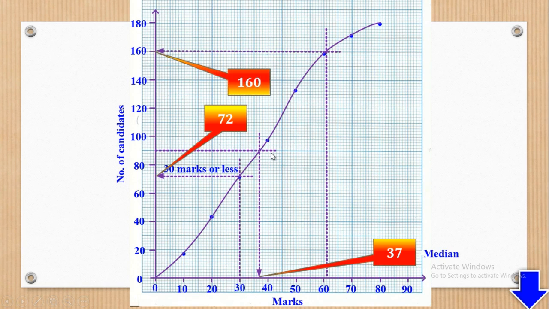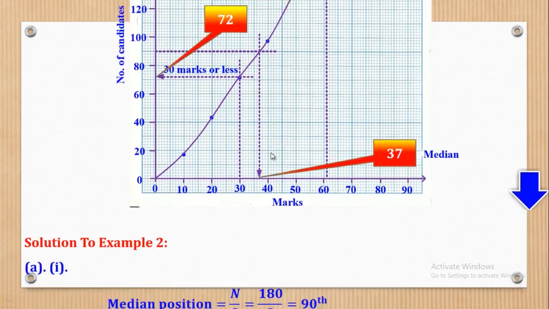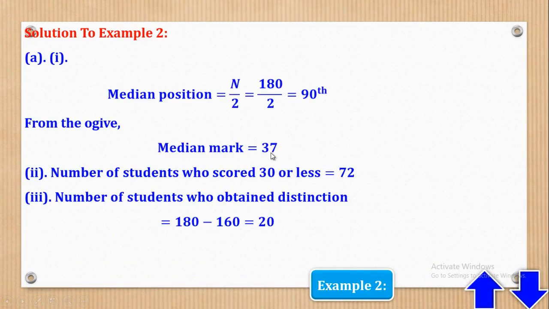Now that value is 160, and that 160 is for the number of students who scored 61 or less. So the ones who got distinction are the ones who got above 61. Therefore you have to say that the remainder will be 180 minus 160 to come up with 20 students.